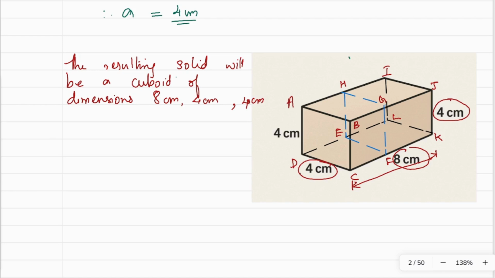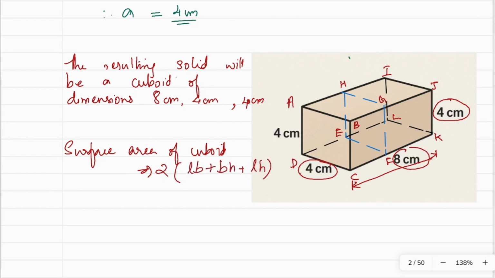We have to write the surface area of the cuboid. It is equal to 2 into (LB plus BH plus LH), right? Which is equal to 2 into, here L is 8, (8 into 4 plus 4 into 4 plus 4 into 8), right?